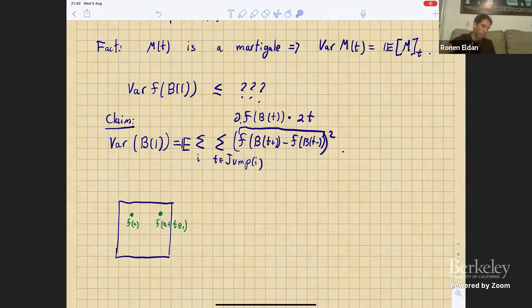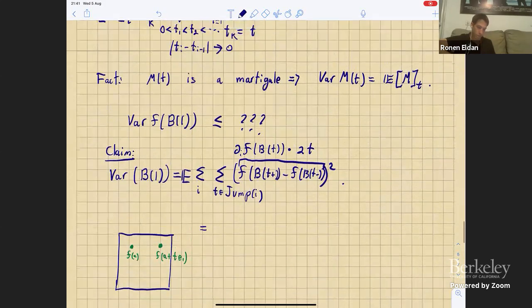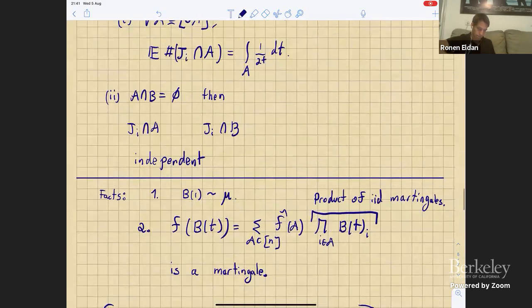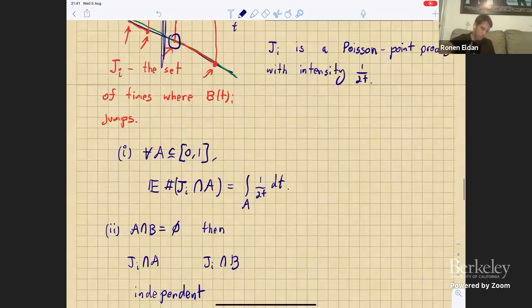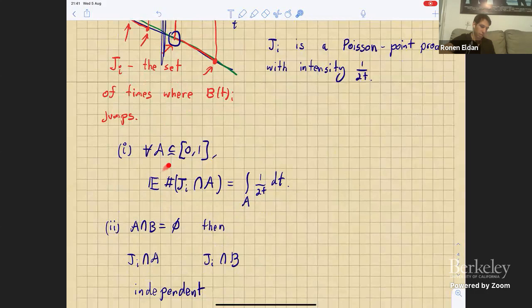And now this expectation is just going to be over whether or not we jumped at a particular time t, and using this fact, I know how many times we expect to jump at any point in time t, and it just corresponds to this integral.